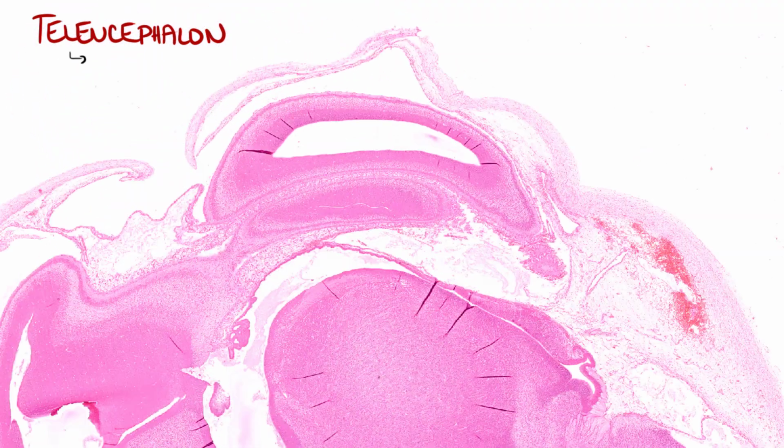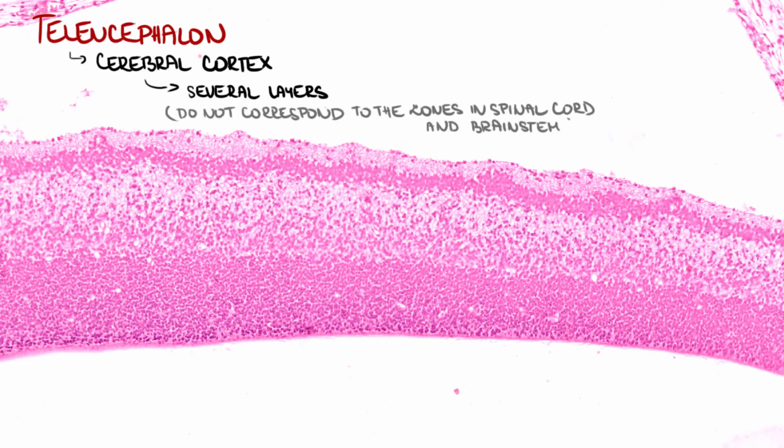In the area of the telencephalon, where cerebral cortex is formed, the situation is a bit more complicated, and several layers appear here, which do not correspond to the zones in the spinal cord and the brainstem.